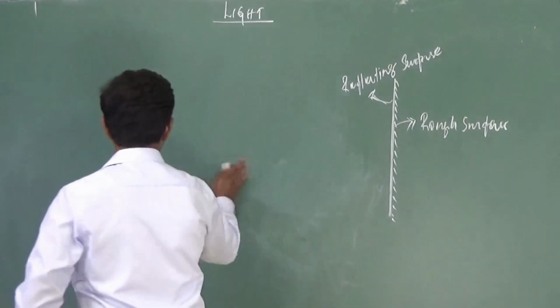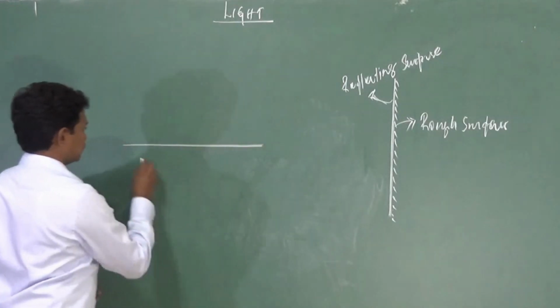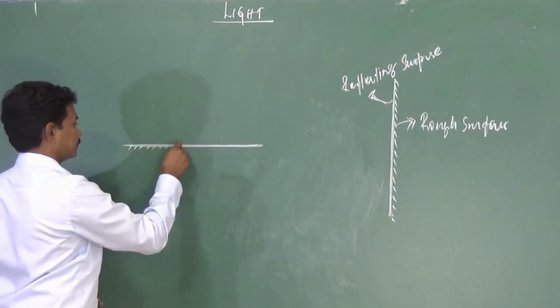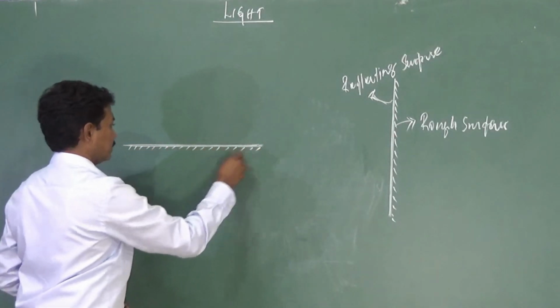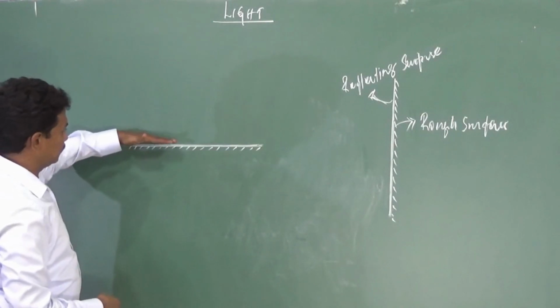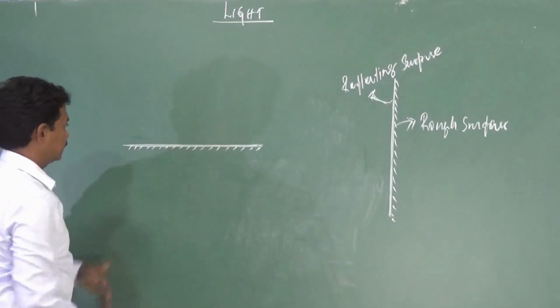For example, consider this as a mirror which is rough at one end, and the other is the reflecting surface. So the upper surface is the reflecting surface, and this is the rough surface, right?